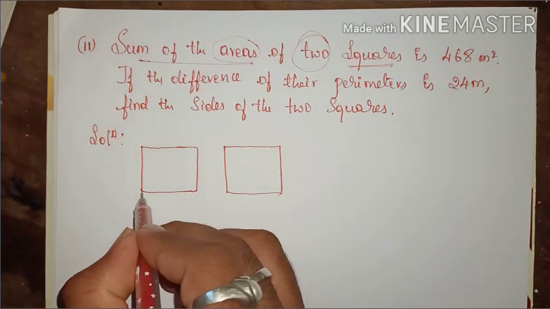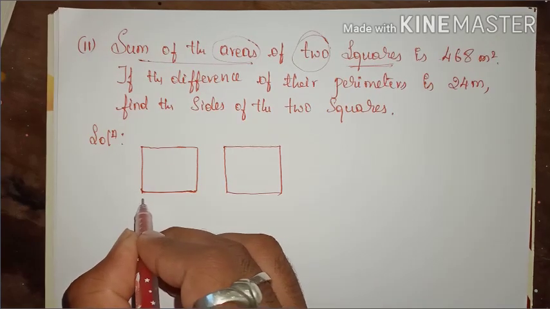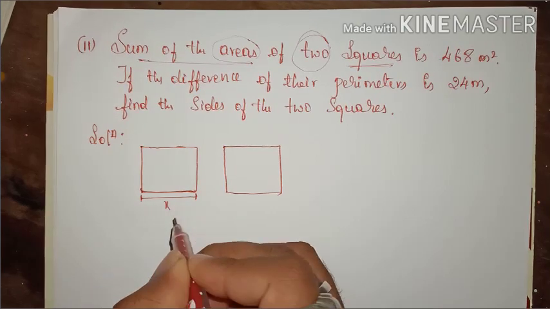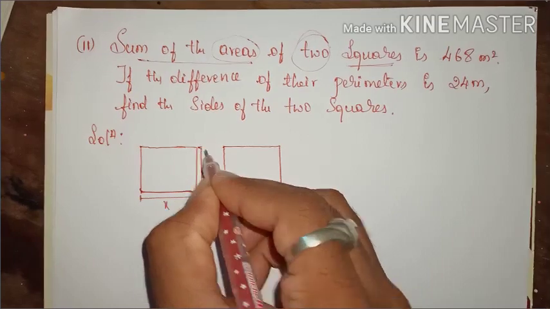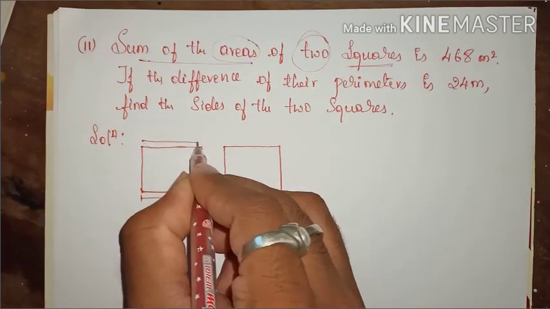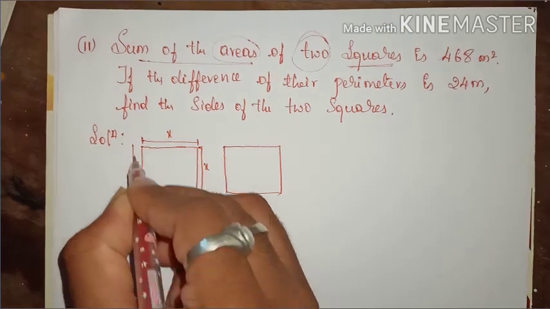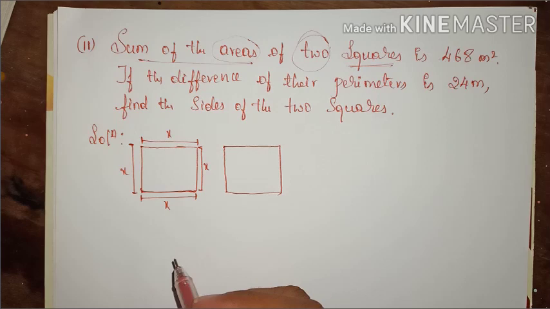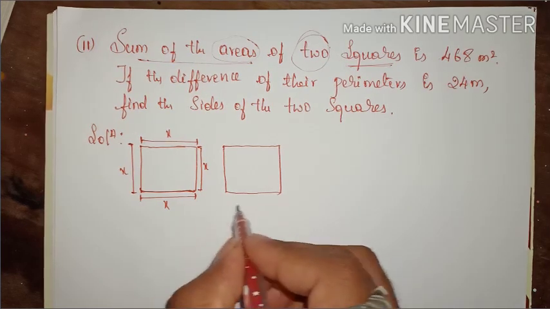If there is one square here, let me take a side. The measurement of the side, let us consider as x. Then what about the other sides? Definitely it is x. Why? Because by the property of a square, all the sides of a square are equal.